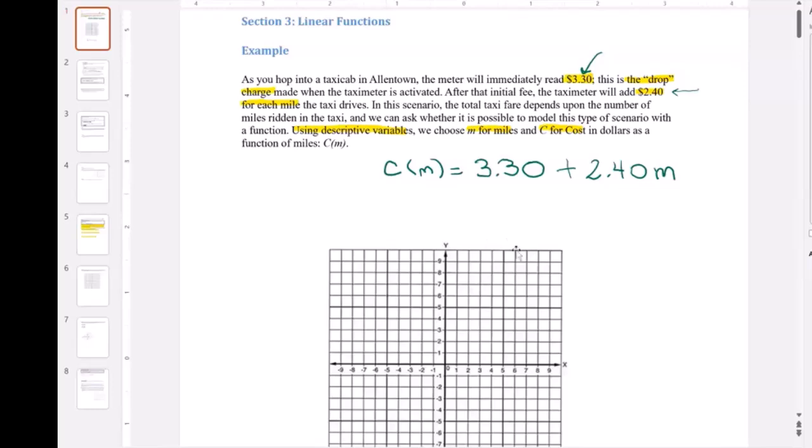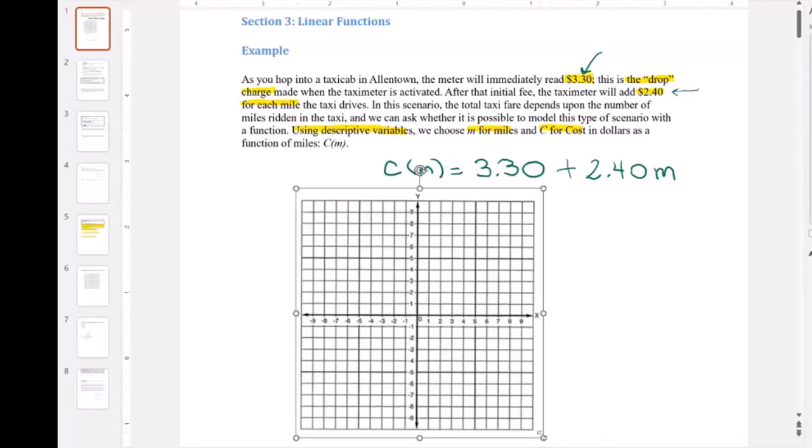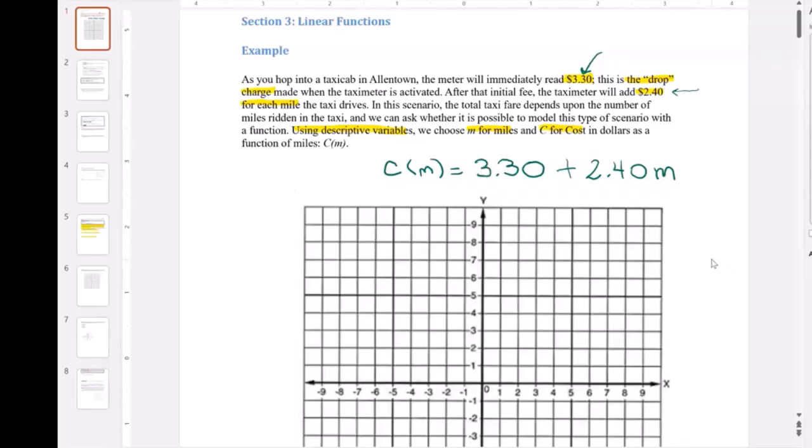Okay. And if we were to graph that, let me make this a little bit bigger, I think. Yeah, that looks good. So let's start. Notice here it says X, but we're not using X. We're using M. And here it says Y. We're not using Y. We're using C of M. Okay?